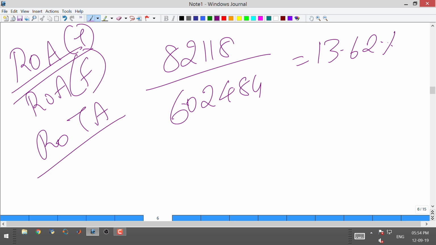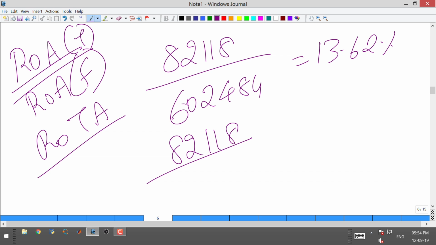So, what does it signify? On the assets you have invested, it signifies the kind of return you are earning. I can do the same thing for fixed assets also: 82,118 divided by my fixed assets. We looked at fixed asset turnover earlier.